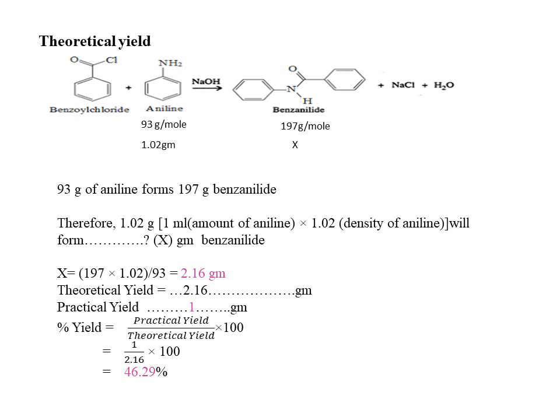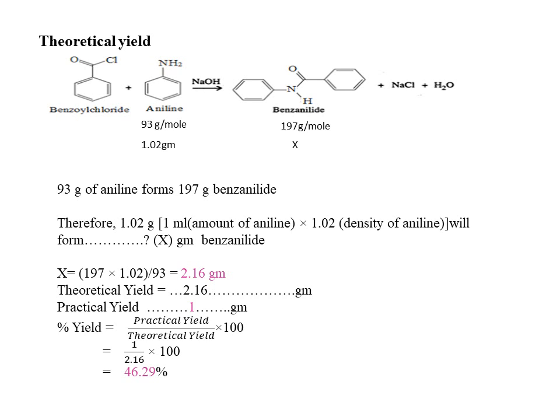But here aniline is in liquid state, so the amount of aniline taken is multiplied by the density of aniline, 1.02. So 1 into 1.02, the answer is 1.02 gram.